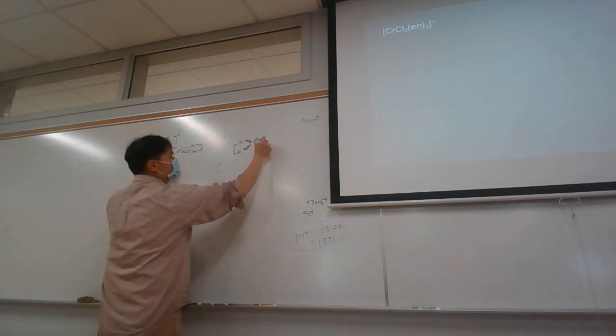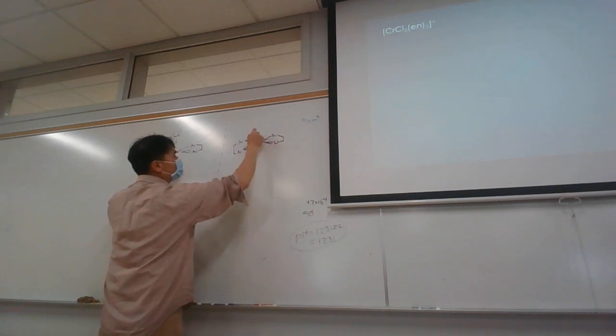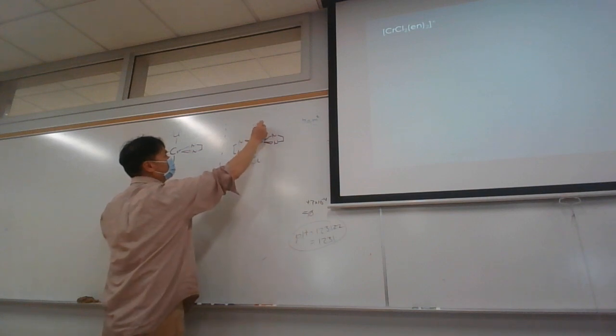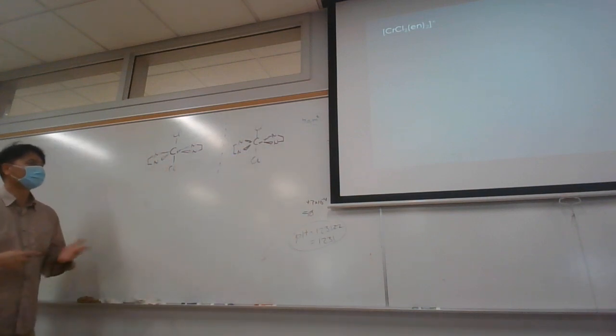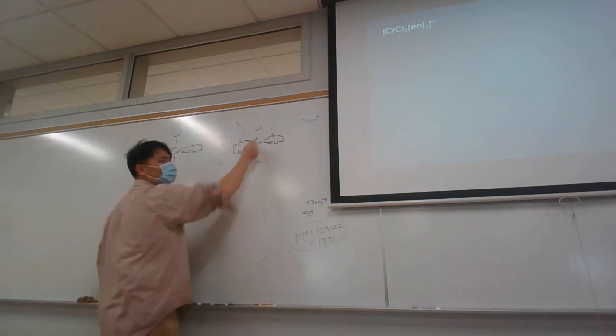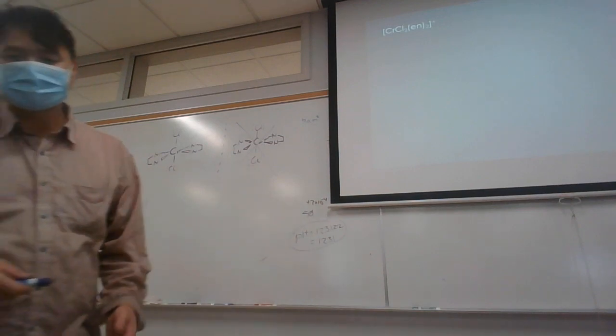So when we draw the mirror image here, and look, they're identical. Right? We don't even have to rotate it. We can see the same thing. If they're identical, then forget it. It's not an isomer. An isomer should have a different structure.